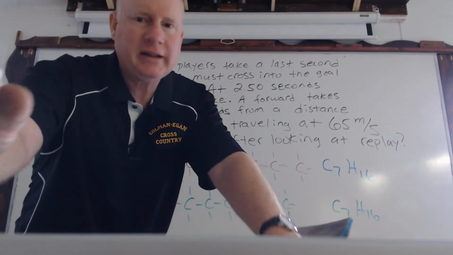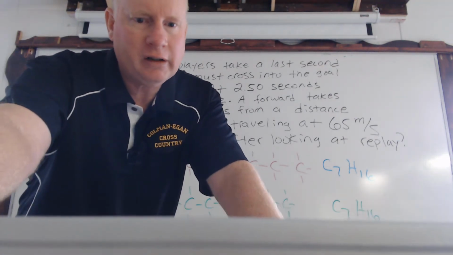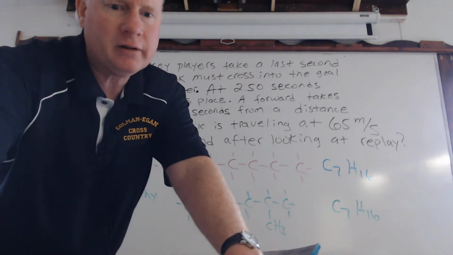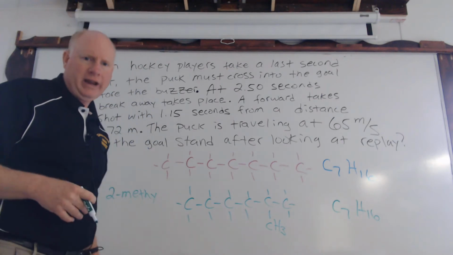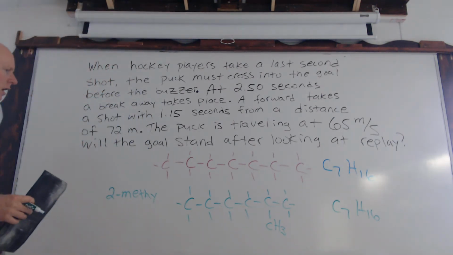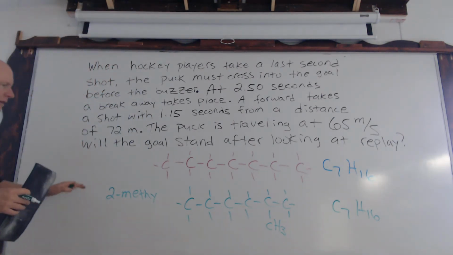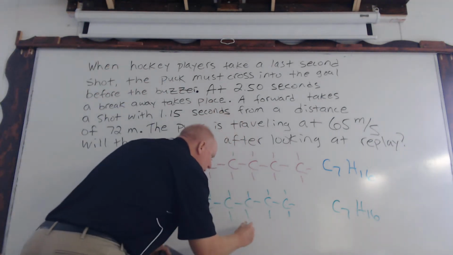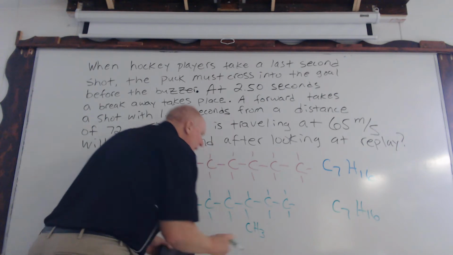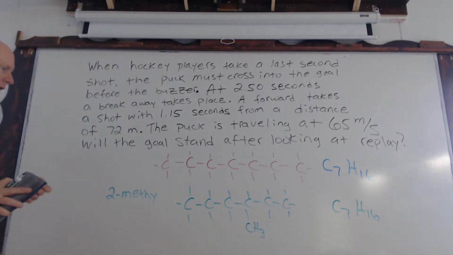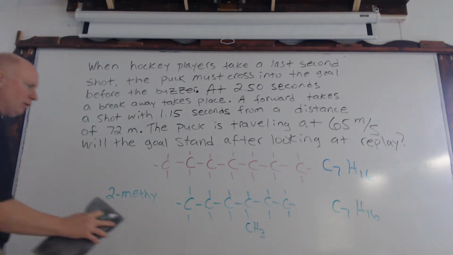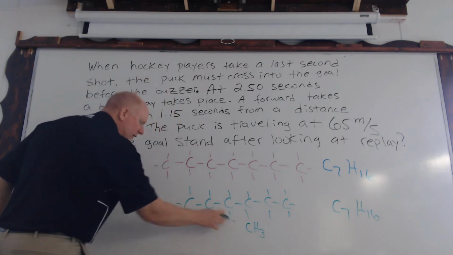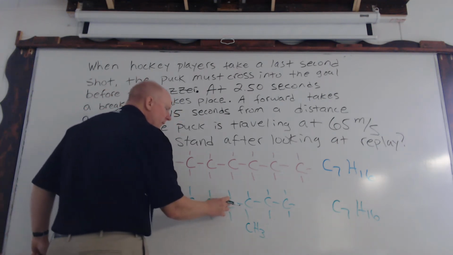And we can make this 3-methyl hexane. Just take this and move it over one. Now we got 3-methyl hexane, but be careful, we can't go over one more, because then we still have 3-methyl hexane beyond the third one.